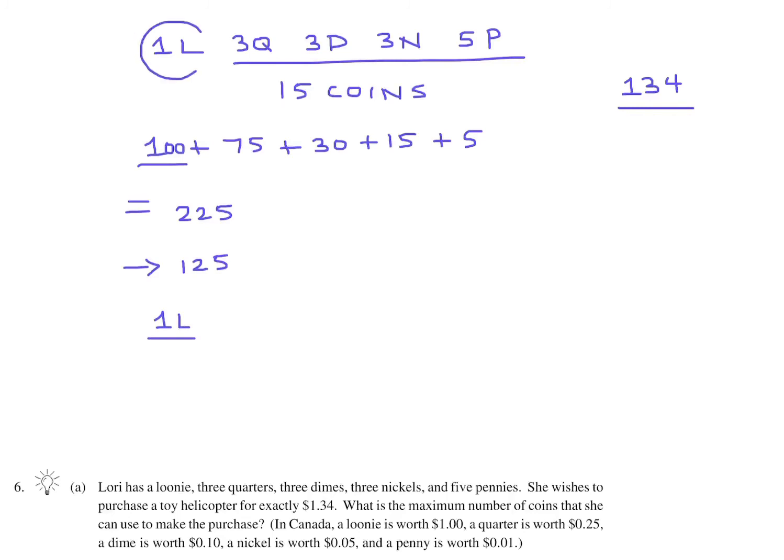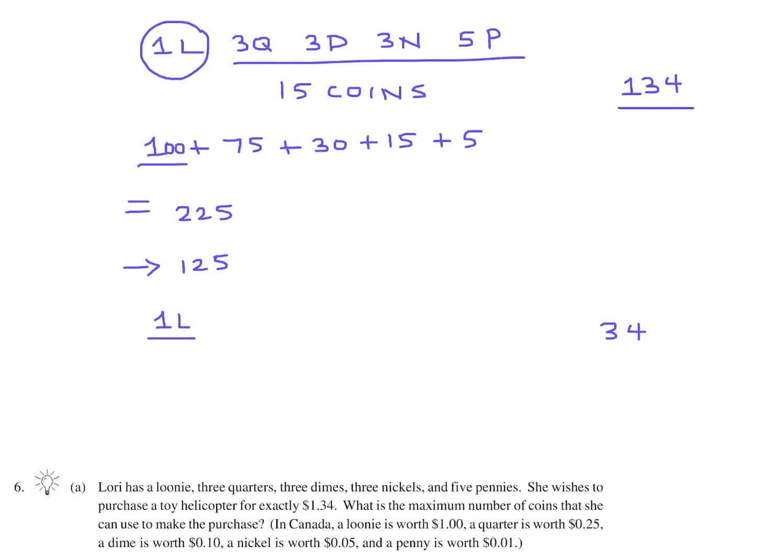Okay, that's fine. So if she absolutely has to use the loonie, that means of this 134, only 34 cents remain that we have to figure out how to create with the remaining coins, and do it in a way that we use the maximum amount of coins. All right, no problem.